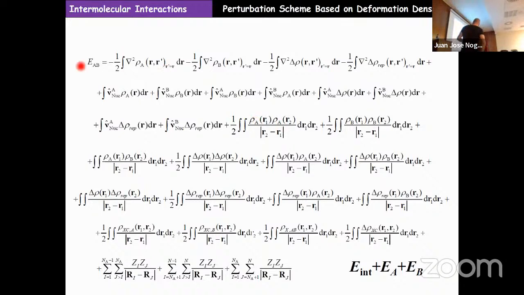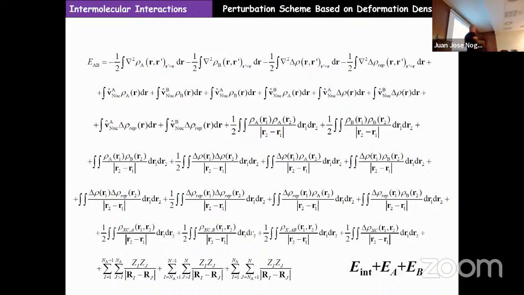Where the energy of the complex, of course, is the summation of the energy of the isolated systems plus the interaction energy. This is what I want to obtain, the interaction energy. Since these terms associated to EA and EB, are very easy to identify here: the kinetic energy, the intramolecular core attraction, this one and this one, the intramolecular repulsion, this one and this one.